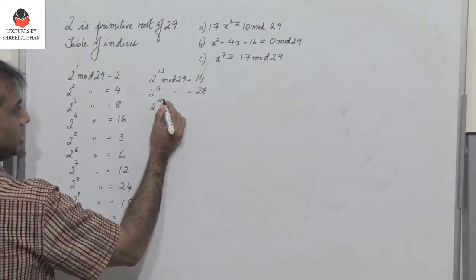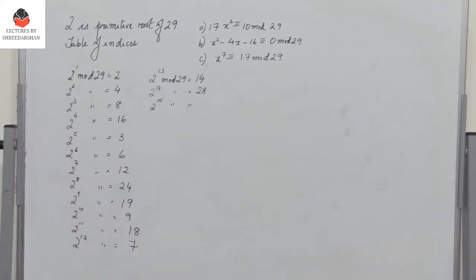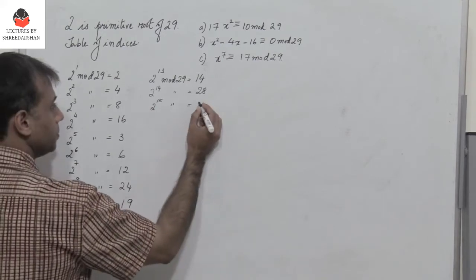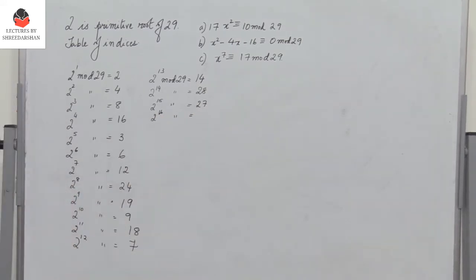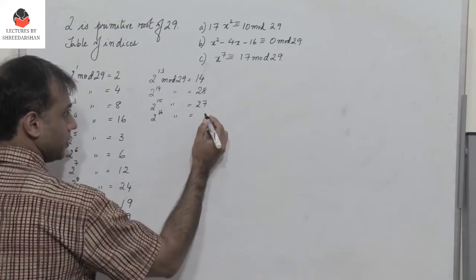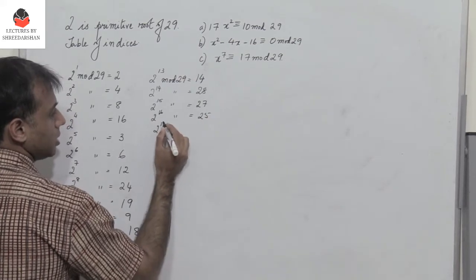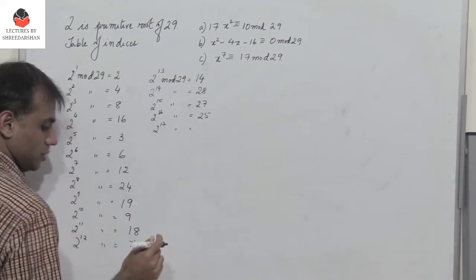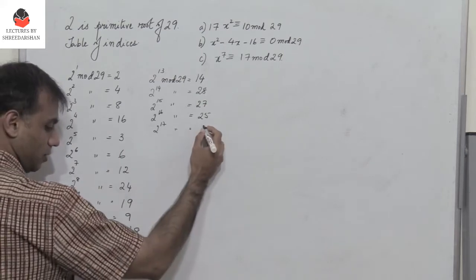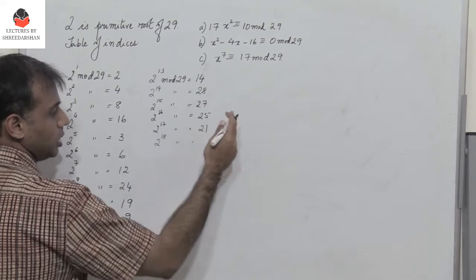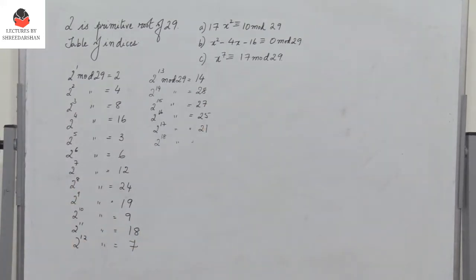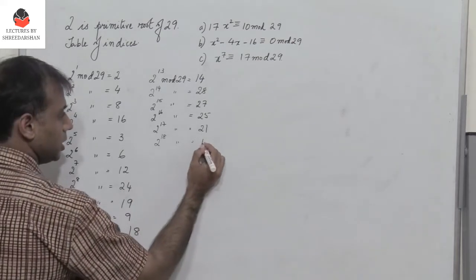Next, 2 power 15 in mod 29 is 28 into 2 minus 29, so that gives me a value of 27. 2 power 16 in mod 29 is 27 into 2 minus 29, which gives a value of 25. 2 power 17 is 25 into 2, which is 50, minus 29 gives me 21. 2 power 18 is 21 into 2, which is 42, minus 29, which gives me 13.